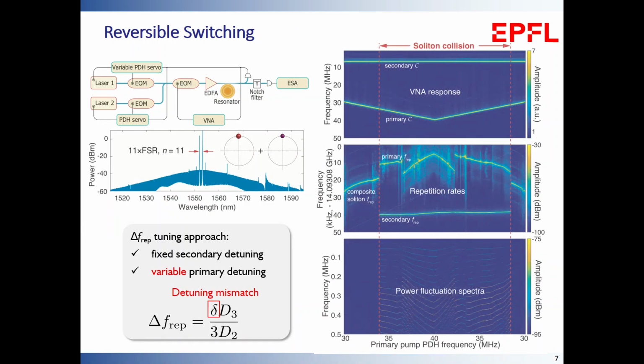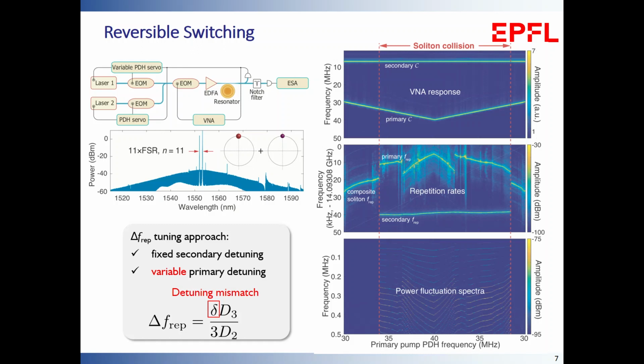Now, this is just one more experiment. In this experiment, what we did is that we changed the frequency of one laser while keeping the other laser stable. So basically, we changed the group velocity of one soliton, and with a very carefully chosen frequency separation between these two lasers, we can show that at first these two solitons form a bound state, and then as we change the natural group velocity difference between these two solitons, there's a limit.